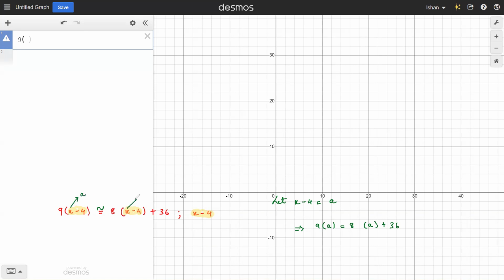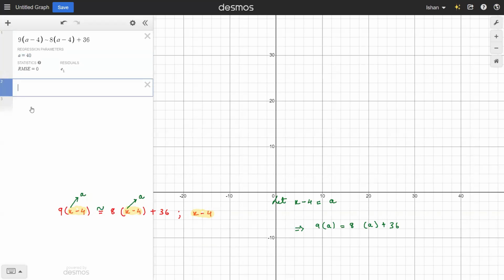I'm making it a. 9 times a minus 4, a sign of regression, 8 times a minus 4 plus 36. It will generate a value of a as 40, but I need the value of x minus 4. That means I need to put a minus 4. So when I put a minus 4, my answer is 36.